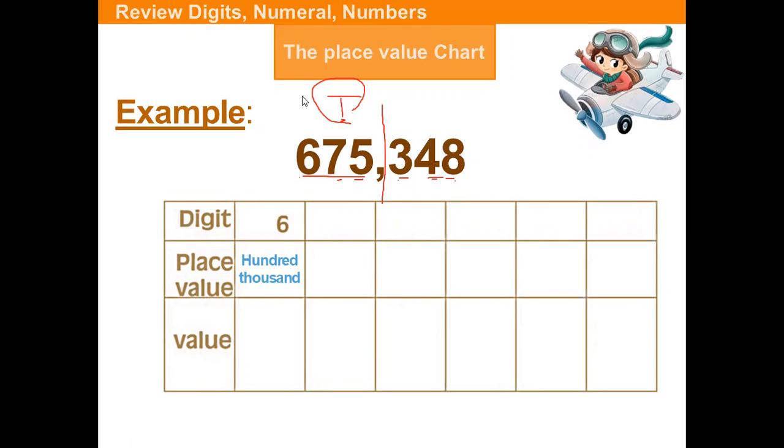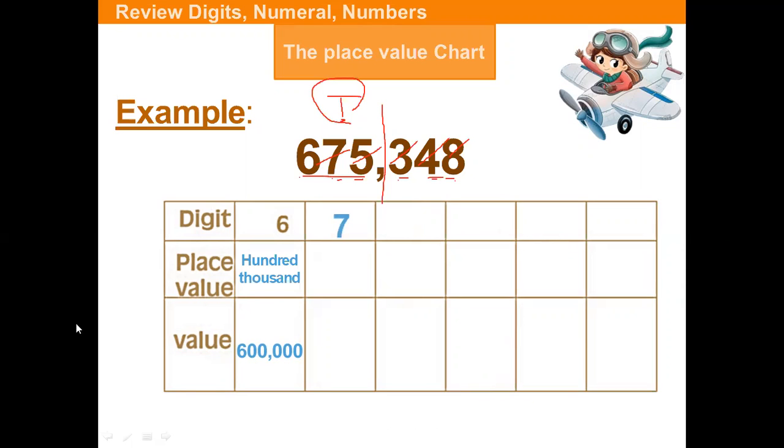I will look at the numbers after the 6. How many numbers do you have after the 6? We have 1, 2, 3, 4, and 5. So all of these I will convert to zeros. So 6 and I have 5 zeros. So the number will be 600,000.